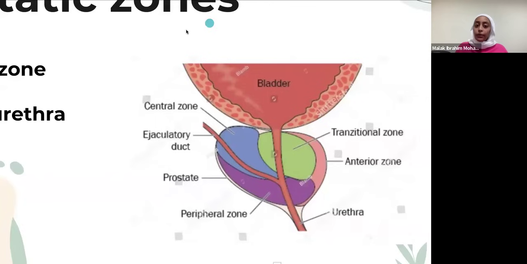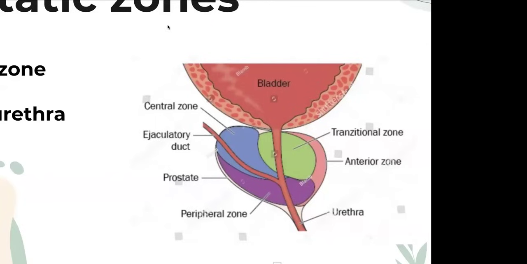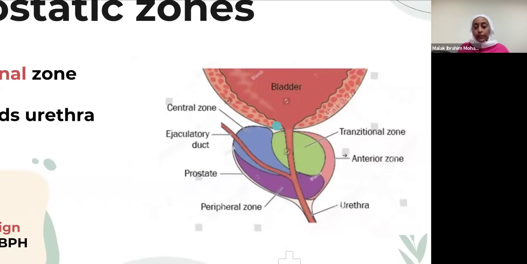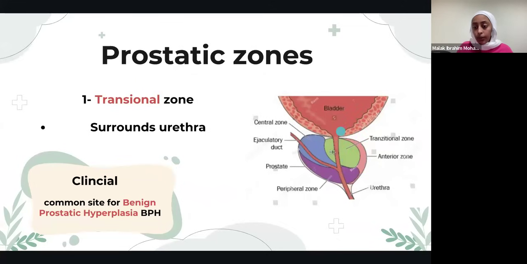Like, what structure does the transitional zone, which is the green here, surround? Yep. It surrounds the urethra.